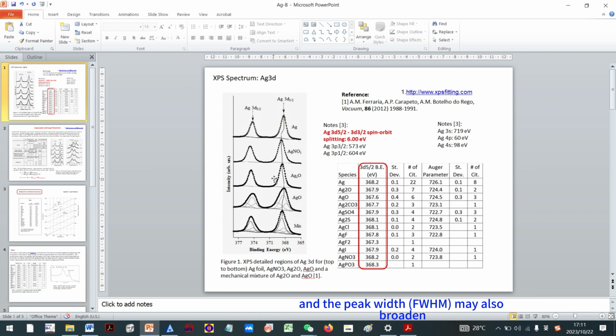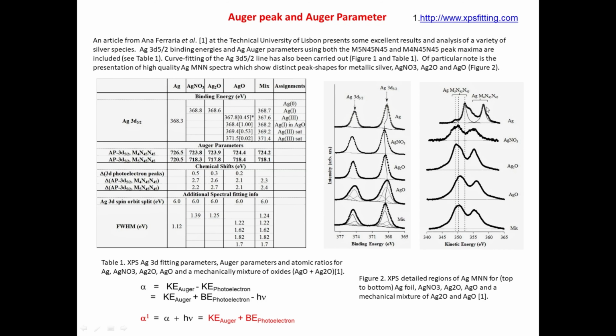And the peak width may also become broadened. At this point, it's difficult for you to determine the chemical state only by silver 3d. Let's take a look at the Auger peak.